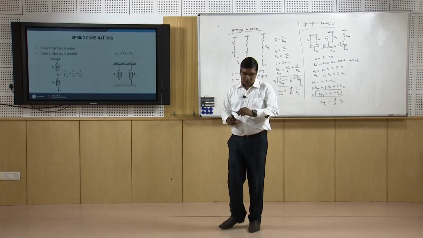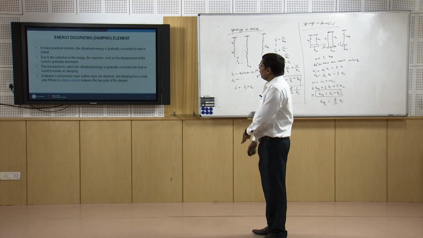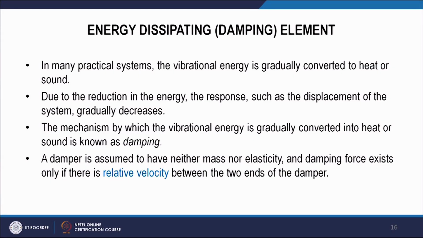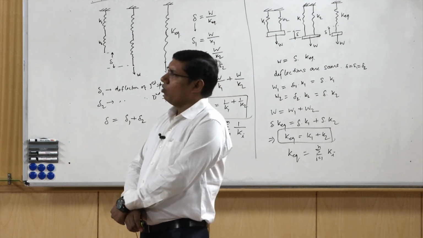Okay, so this is the spring combinations. Now we can see another element, that is the damping element. This is an energy dissipating element, because in any vibrating system there is some dissipation of energy in terms of heat or sound.